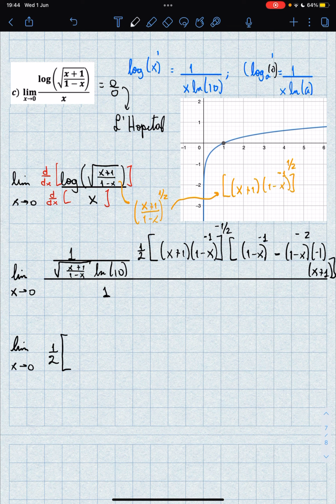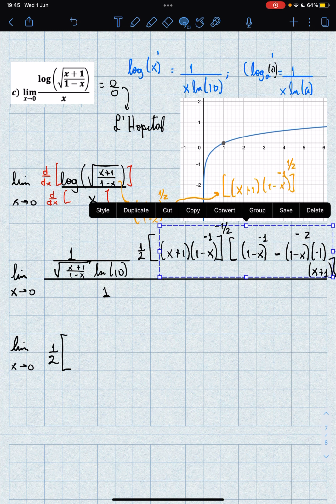And I need to put it in a better way, but at the end, I think it's going to be the same, okay? Let me see if I can copy, just to save time.